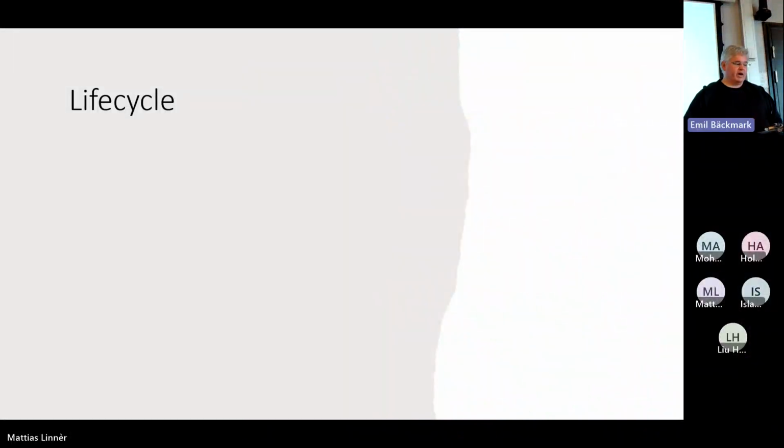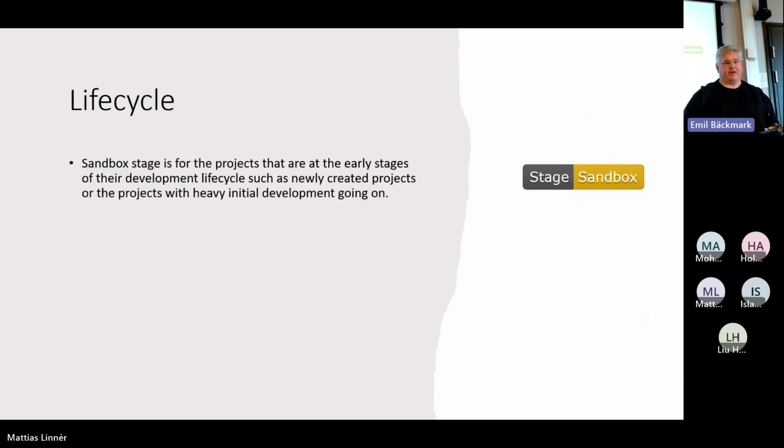In the community, we have a 3-stage life cycle. Projects can be in the stage of sandbox. This is for startup projects that are starting or have not gained enough traction yet within the community.